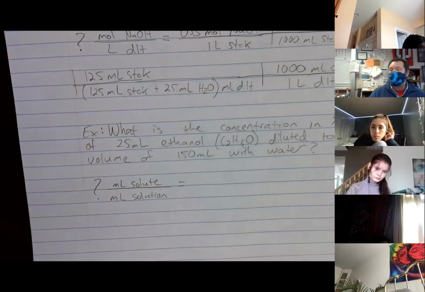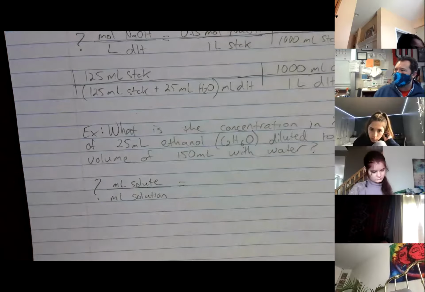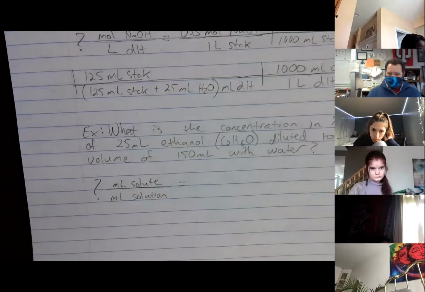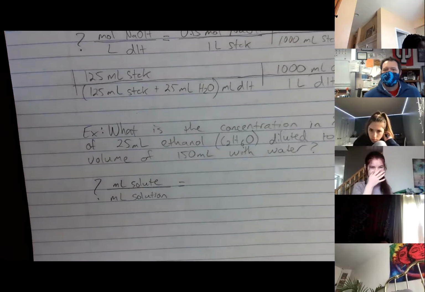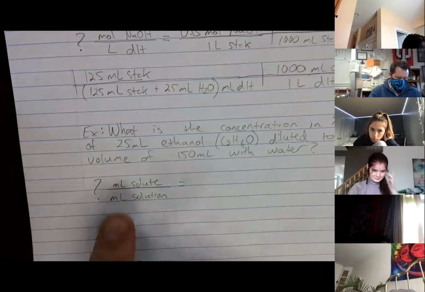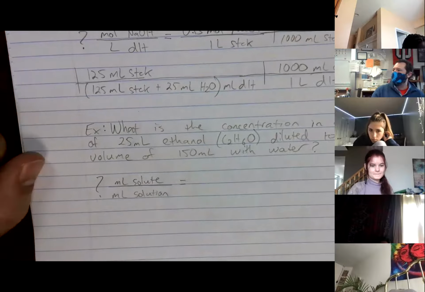Perfect. Yep. So to answer my question, ethanol is the solute. Kara gave me not just the solute, but also the volume of it. So wait a minute. What did you say? 25 milliliters of ethanol? Do I have everything I need for the top?